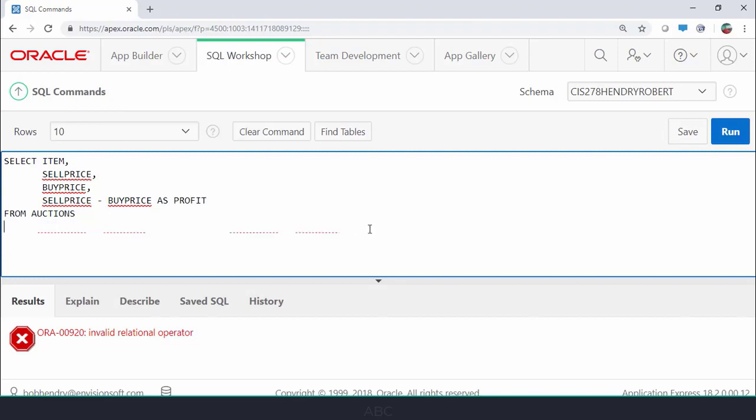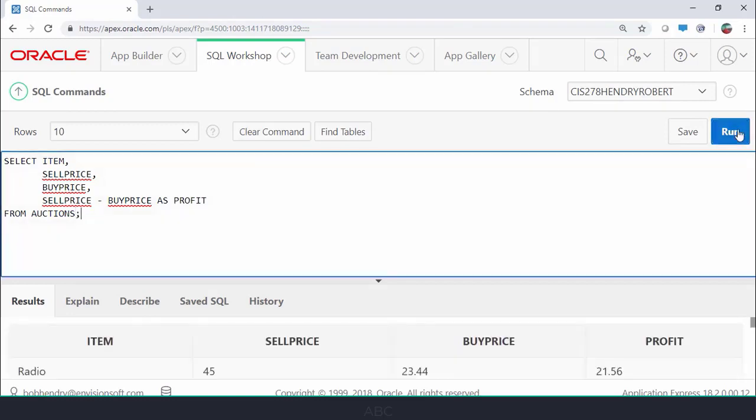Let's take this step by step. Basically, we want to look at what the profit is, 21.56, right? So let's do it step by step. We can say where sell price minus buy price is equal to 21.56.